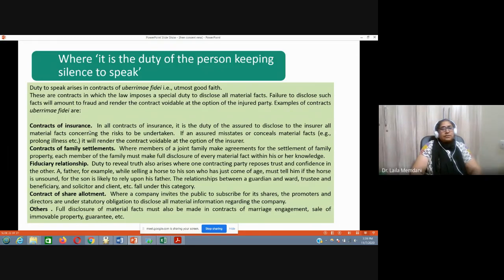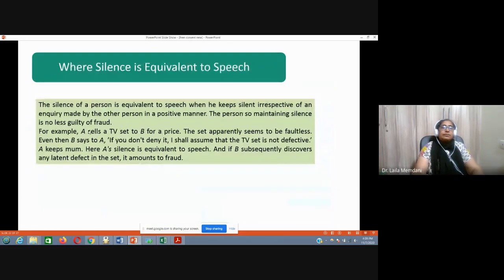When there are contracts of share allotment, there is a relationship of trust between the public and the company. And then there are others like contracts of marriage, sale of immovable property, guarantee, etc. Where silence is equivalent to speech and the person keeps silent, it means that he has spoken at that time.